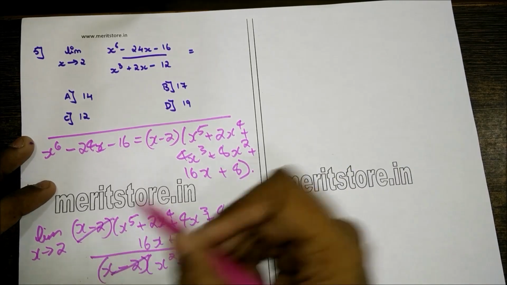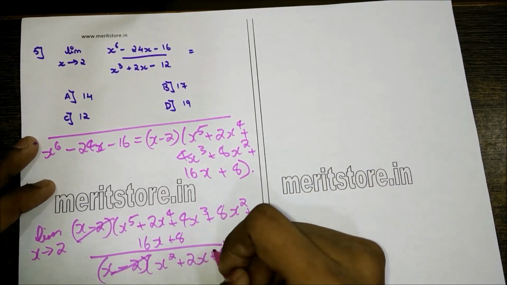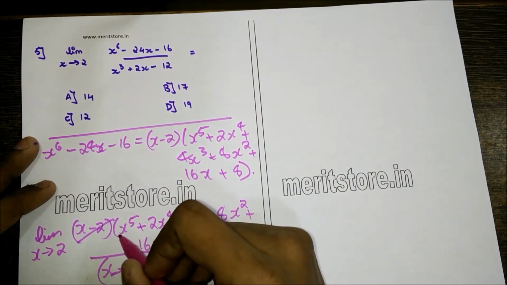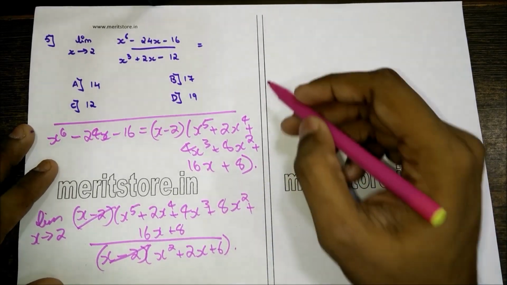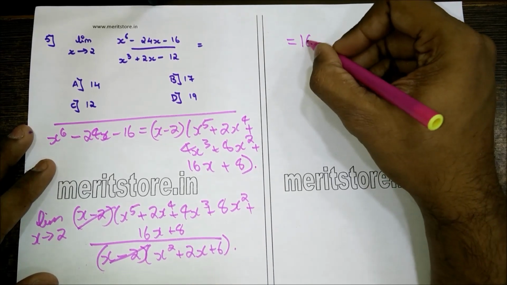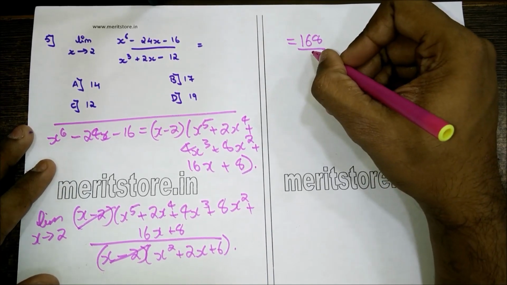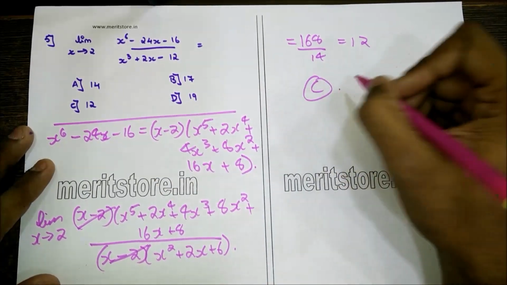Now these two terms get cancelled out and we apply the limit of x tends to 2 on these terms and substitute the value of 2 in the place of x and calculate the values. That gives us 168 upon 14, which is 12, option C.